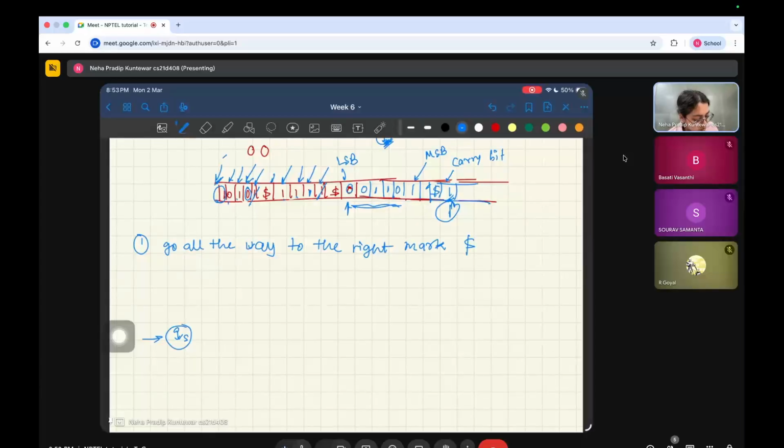So if you see a 1, you write a 1, you go to the right. If you see a 0, you write a 0, go to the right. If you see a dollar, you write a dollar and go to the right. Then if you see a blank, you write a dollar and go to the left.